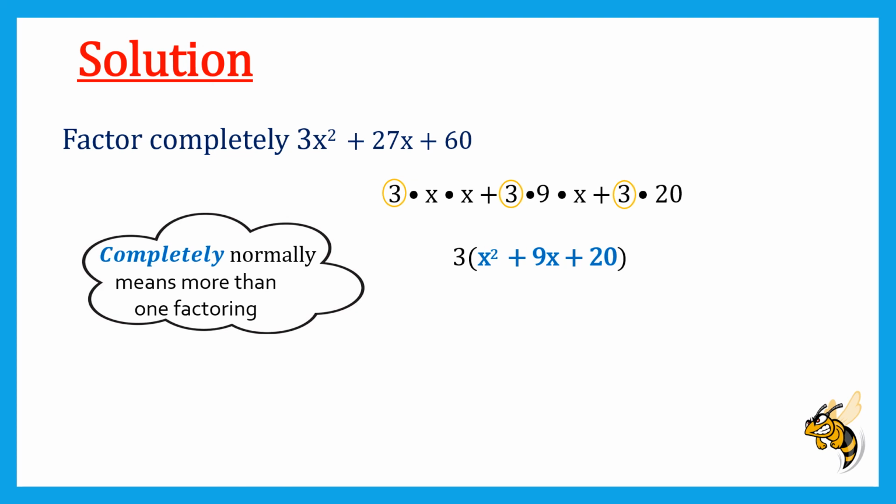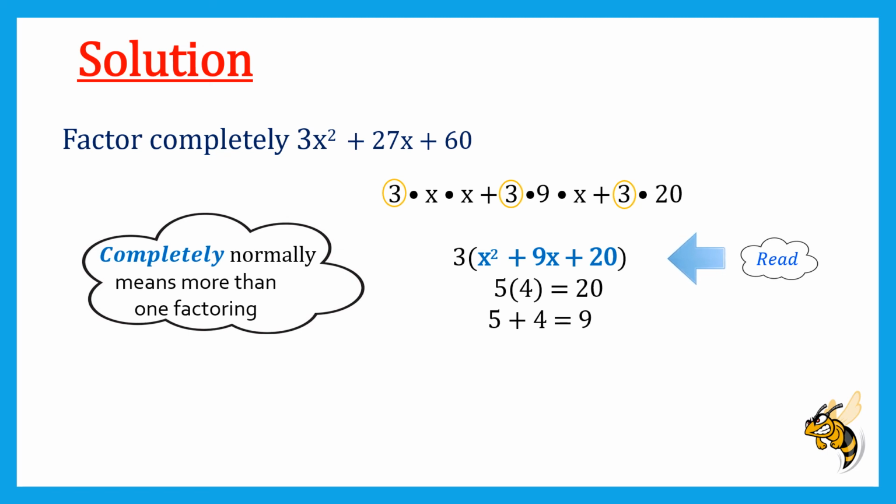X times x is x squared. Plus 9 times x is 9x. Then there's a plus sign, and then there's 20. So we want to know what two numbers multiply to give you 20, but when you add them, you get 9, and it's going to be 5 and 4. 5 times 4 is 20, and 5 plus 4 is 9.